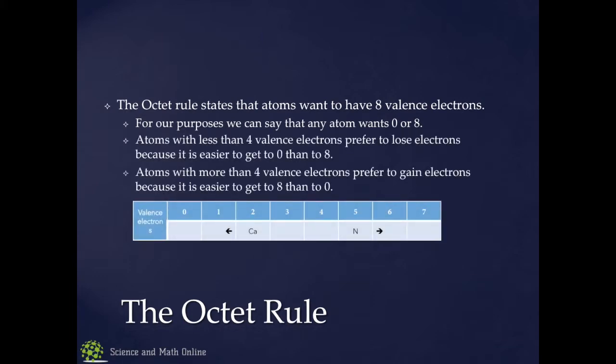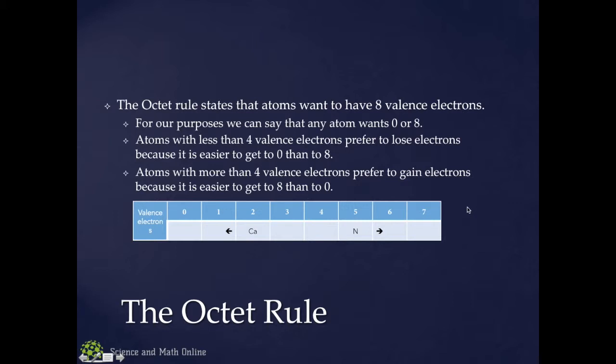Atoms with less than 4 valence electrons prefer to lose electrons. Think about it. If I gave you a game and handed each of you a random number of cards between 0 and 8, and said you need to trade cards until you get to 0 or 8 and then you'll win. If you started with 2 cards, you can either give away 2 cards to get to 0, or you can try to gain 6 more cards to get to 8.